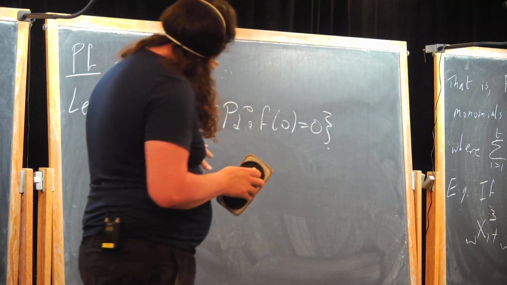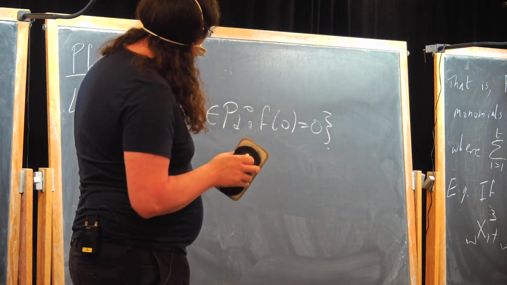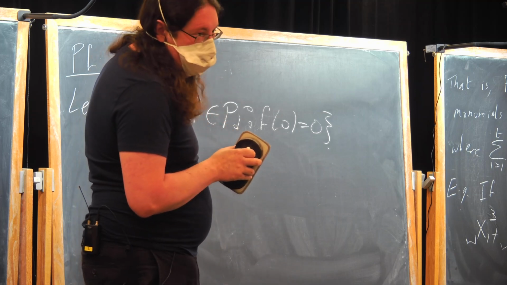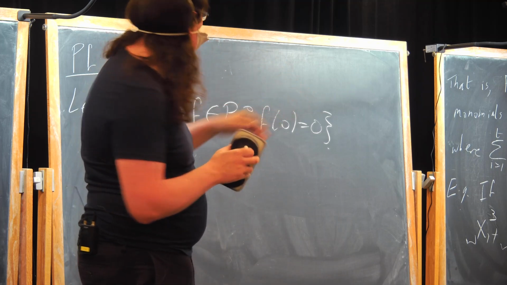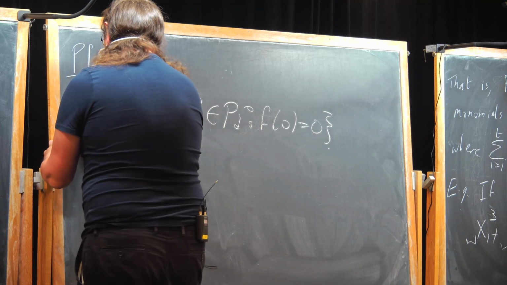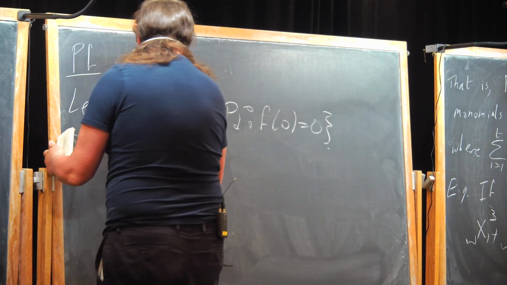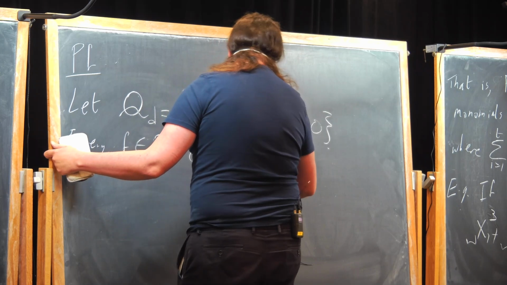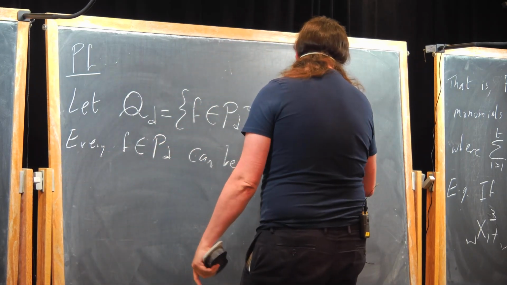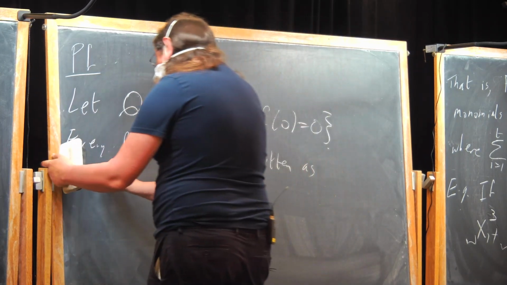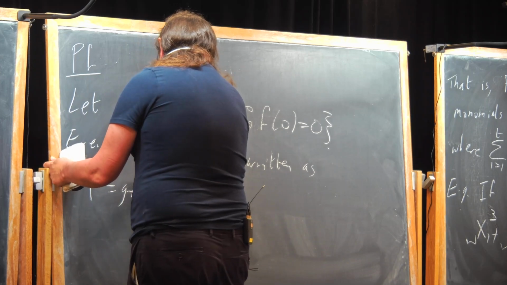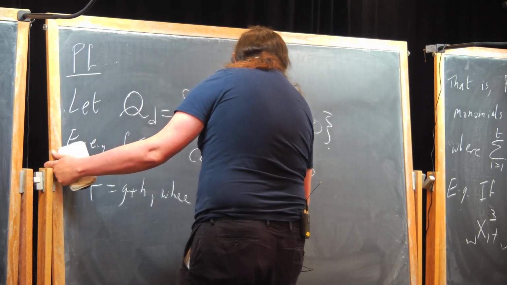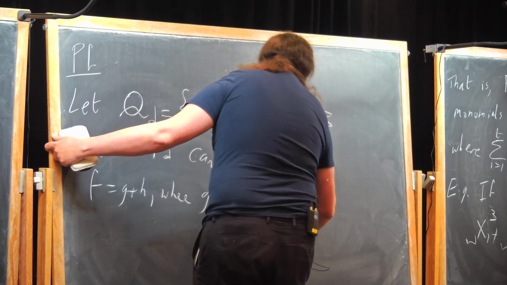Now, if I choose this particular family, then everything in the original P_d can be written as the sum of something from this family plus a constant. So every f in the original family P_d can be written as f equals g plus h, where g is in Q_d and h is constant.